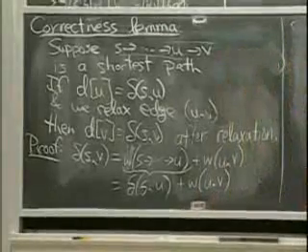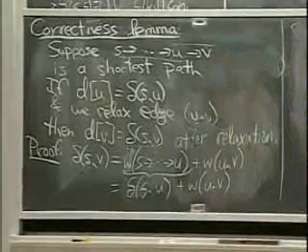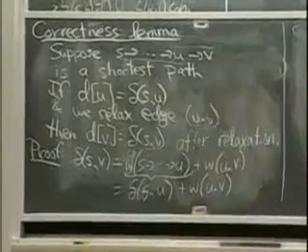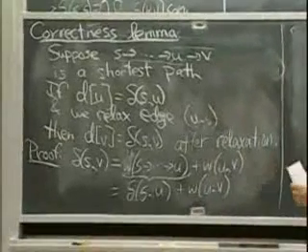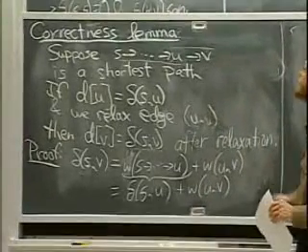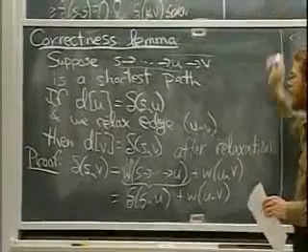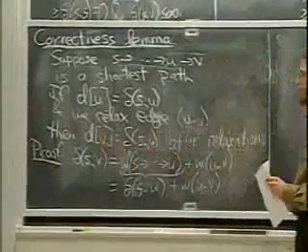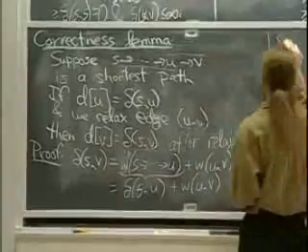Cool. We'll hold on for now. That's all we're going to say. On the other hand, we know from this lemma that no matter what we do, d of v is greater than or equal to delta of s comma v. So let's write that down.